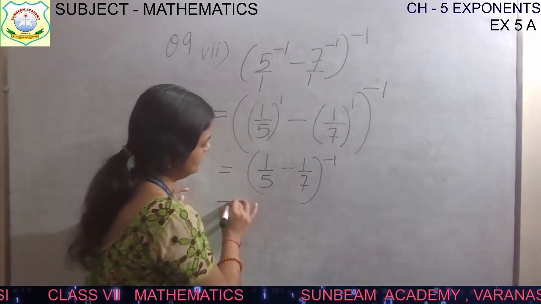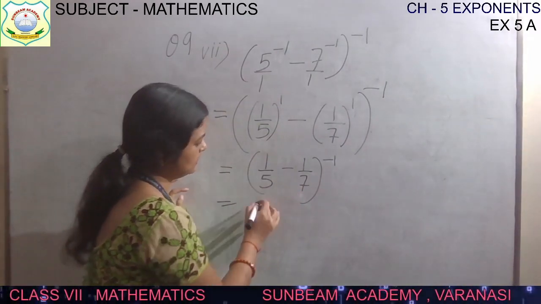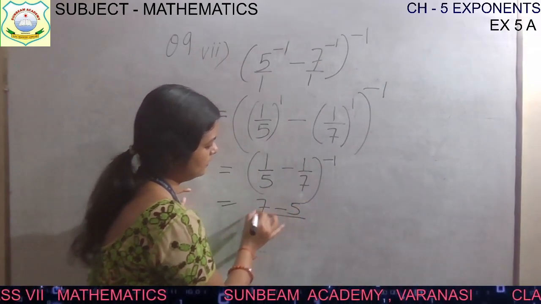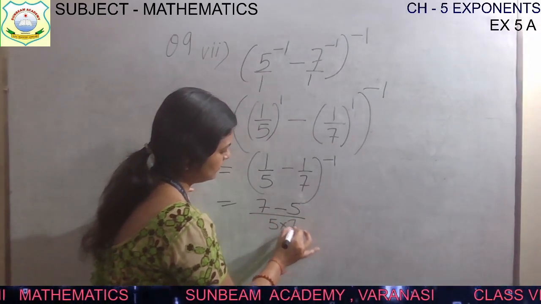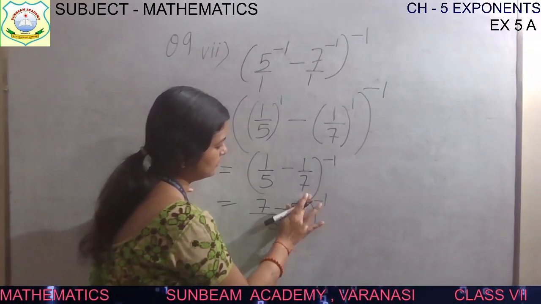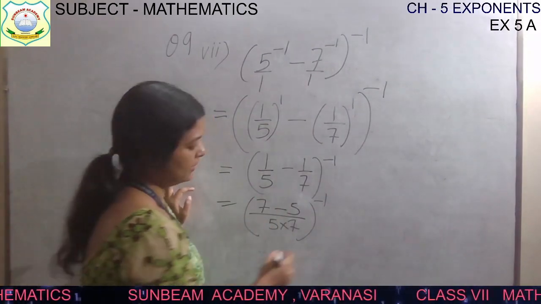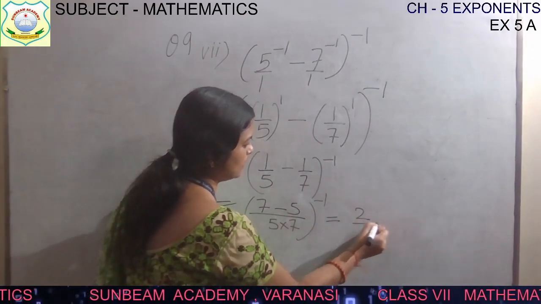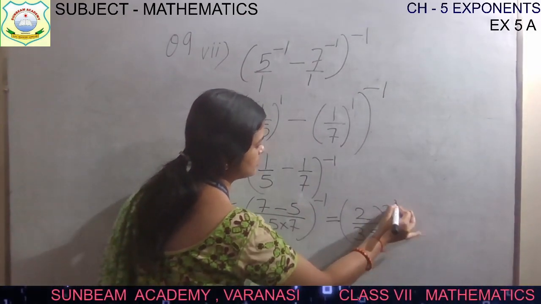So the next part is to cross multiply and take the LCM. 7 minus 5 upon 5 into 7, to the power -1. 7 minus 5 is 2, and 7 fives are 35, to the power -1.